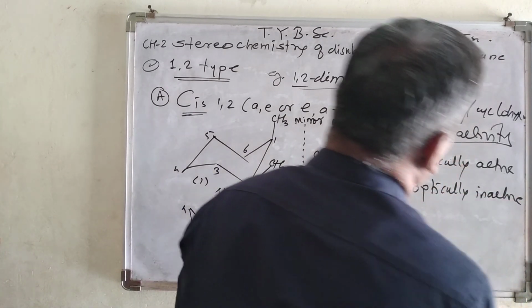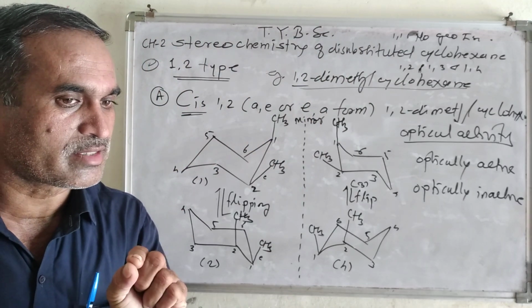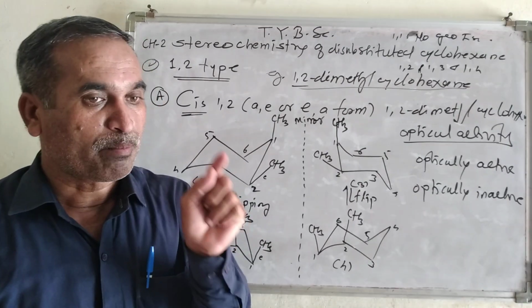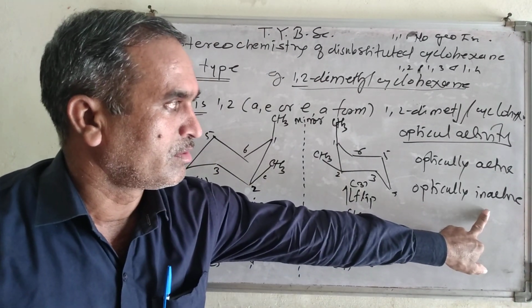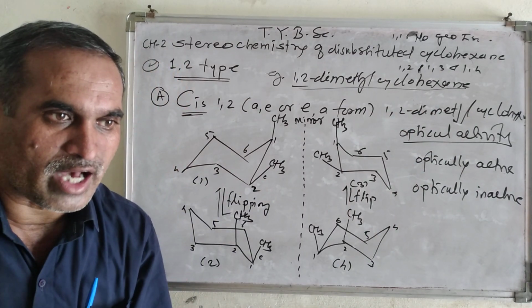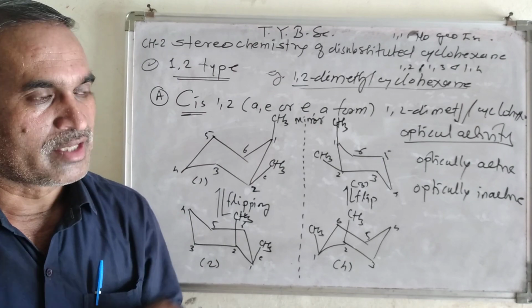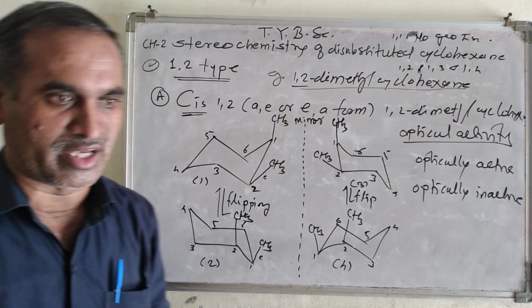Suppose the compound has a plane of symmetry, that compound is optically inactive in nature. If the compound does not have a plane of symmetry, that compound is optically active in nature.